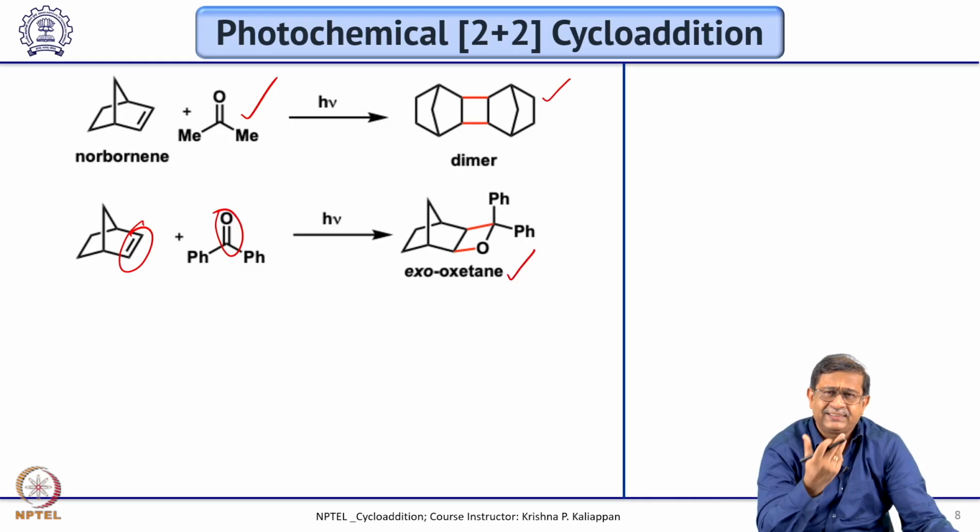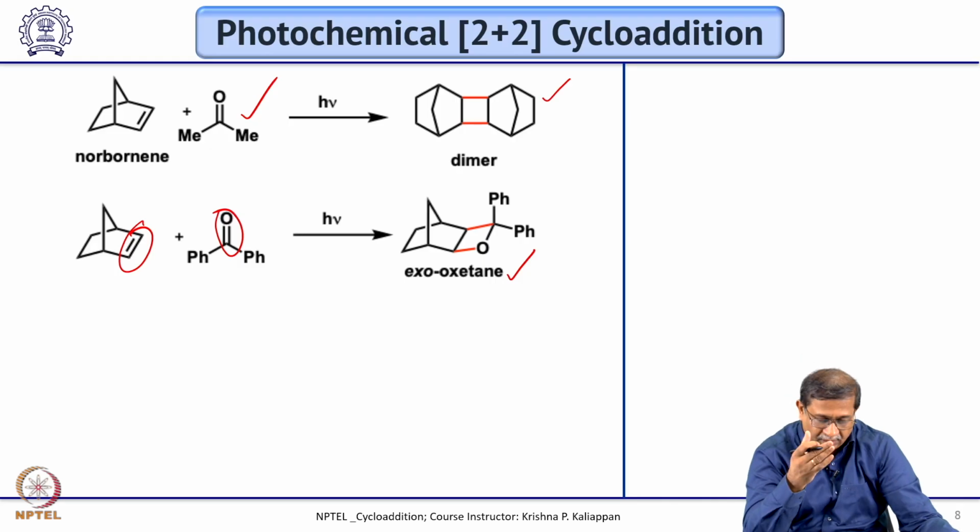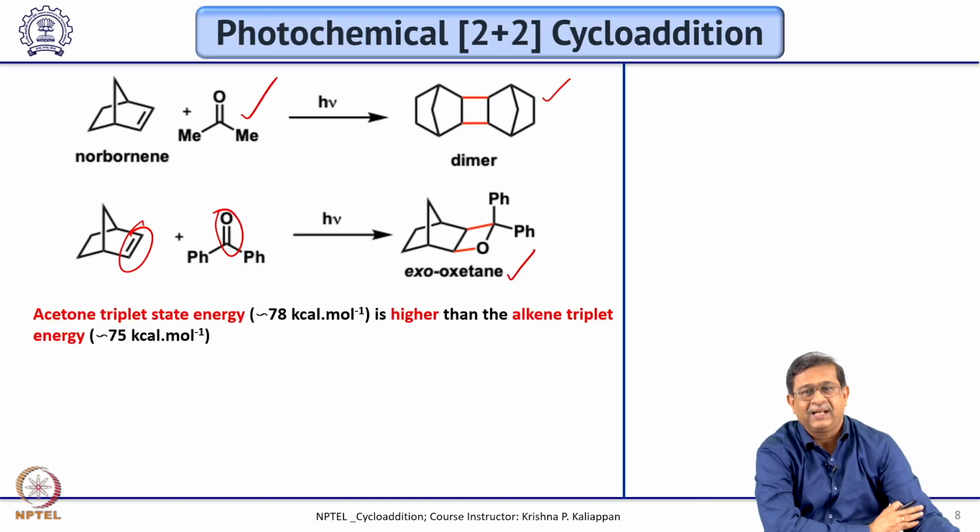So, what is the difference between acetone and benzophenone? In the first case, acetone acts as a sensitizer, whereas in the second case, the carbonyl group of benzophenone acts as a 2-pi component and undergoes 2+2 cycloaddition reaction.